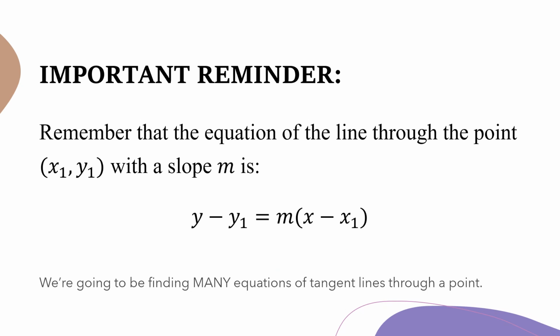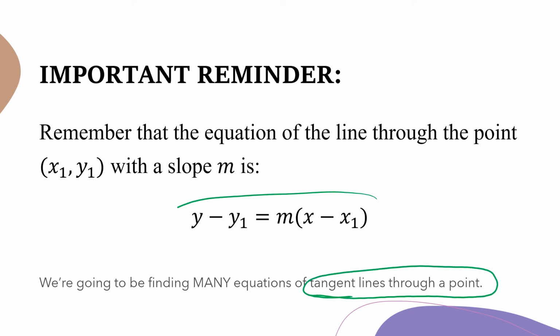An important reminder, please remember that the equation of the line through the point x1, y1 with a slope m is y minus y1 is equal to m times the quantity x minus x1, because we will be finding many, many equations of tangent lines through a specific point.